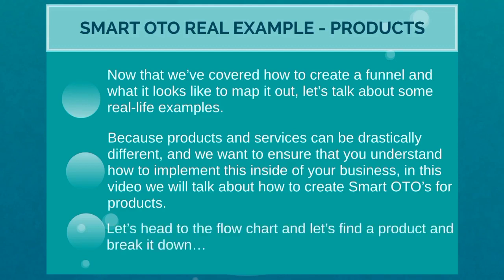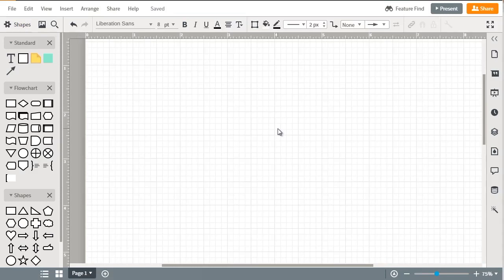So let's head over to the flowchart system again, and let's find a product and break it down. Before we map out a product funnel, what I want to say is that you do not really need to have products throughout your funnel, meaning you could have a mixture of different varieties of information products to better educate people about your product and more.